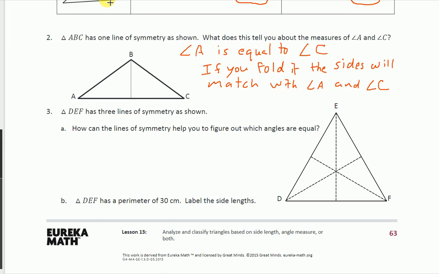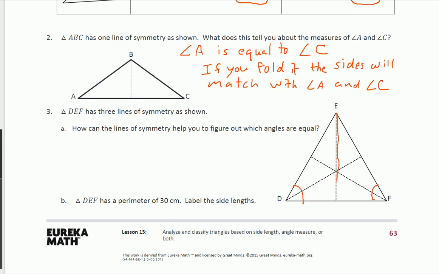How do the lines of symmetry help you find out which angles are equal? Well, let's see. How could we use those to help us figure it out? Well, if you fold them over, I'm just thinking about this out loud. If you fold this over, then that means F is going to equal D. If I fold it right down E, and then if I fold it along F, this line, let's just color code this so we can see what's going on here.